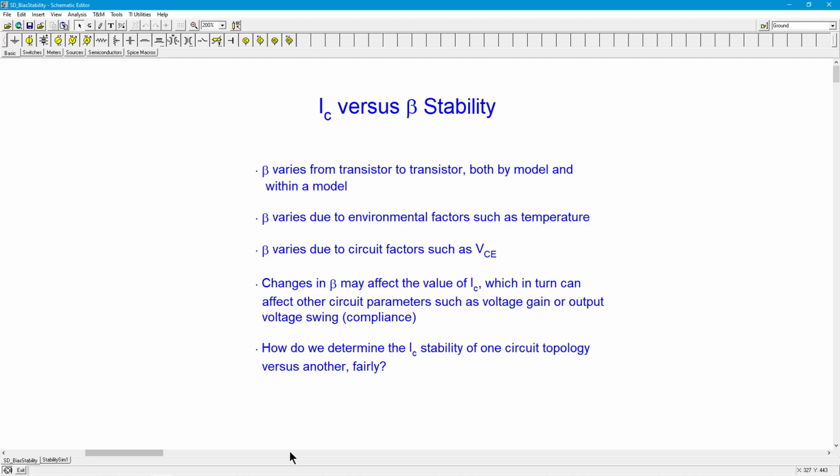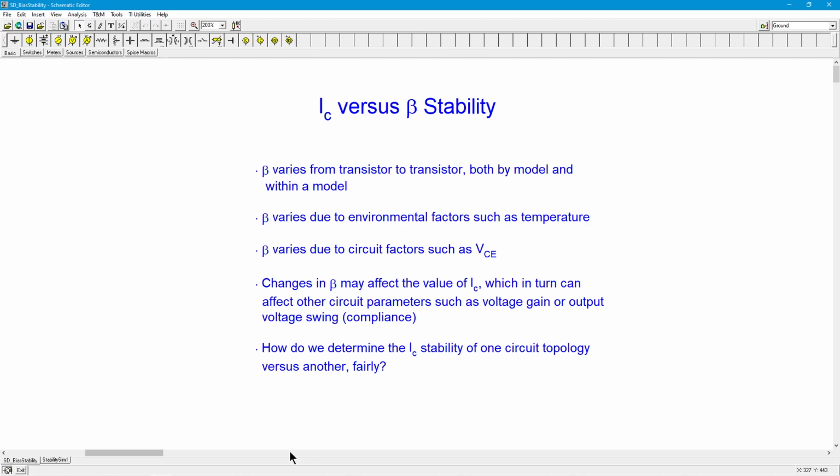Why do we really care? Is it just because we're anal retentive about this whole thing? No. IC itself, the collector current, is very important because it sets other circuit parameters. As we will see in the future when we look at AC analysis, amplifiers for example, the collector current can affect other parameters, for example, something called r'e, which will set or help set the voltage gain of an amplifier or its input impedance.